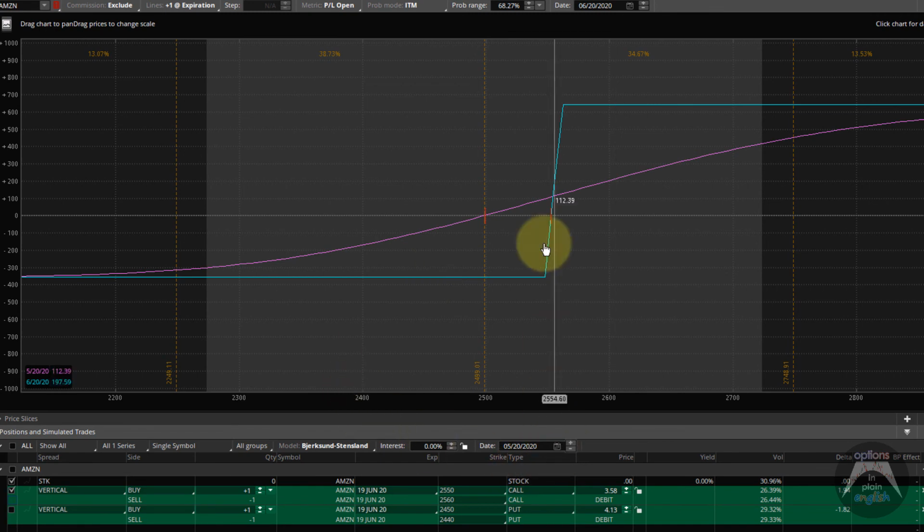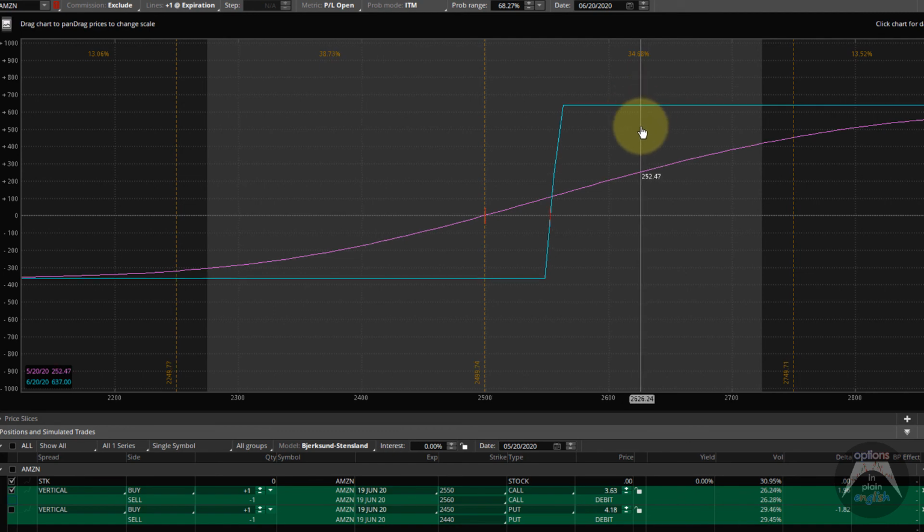Okay, so now you can see that if price starts going up, you're going to start making money, but not the full amount, because you need to go to expiration to have that, which is what I was mentioning before. Now, if the price goes a lot higher than your short, so remember, here we are long the 2550, which is this one, and short the 2560, which is this one.